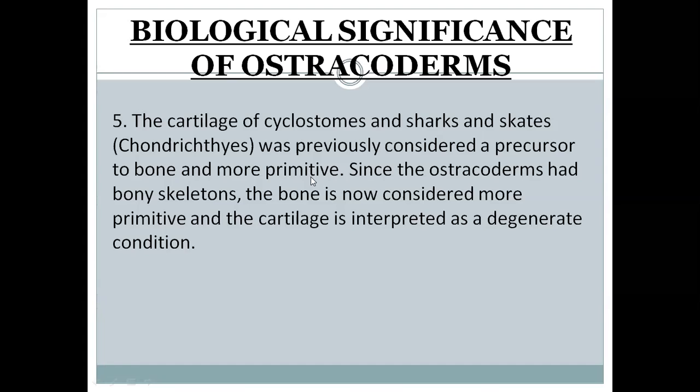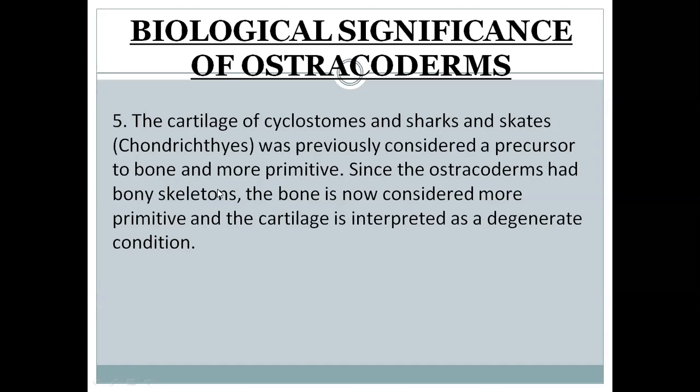The cartilage of cyclostomes, sharks and skates was previously considered a precursor to bone and more primitive. According to the previous opinion of scientists, the chondrichthyes were the most primitive fishes. But as we have got these ostracoderm fossils, which possess bony structure in their skeleton and dermal plates, scientists' opinion has changed.